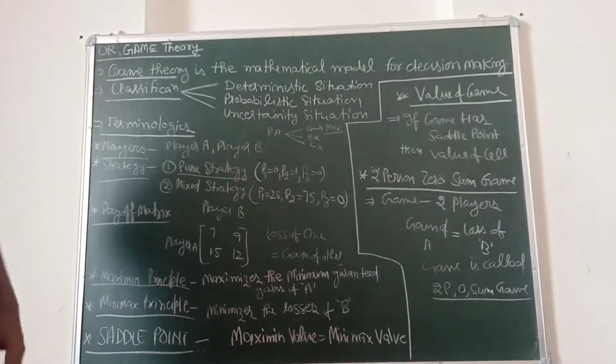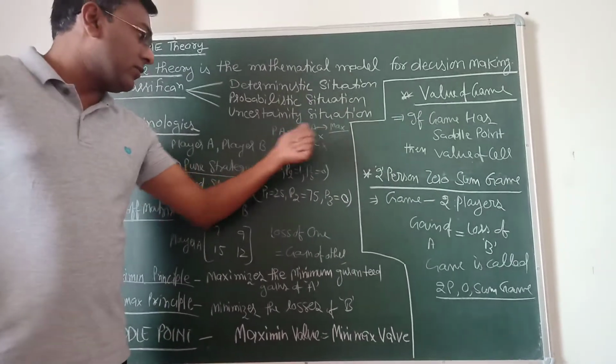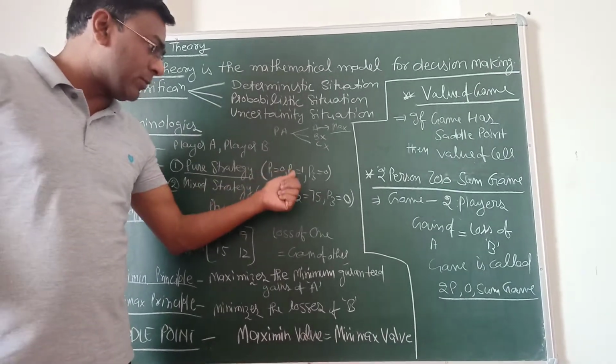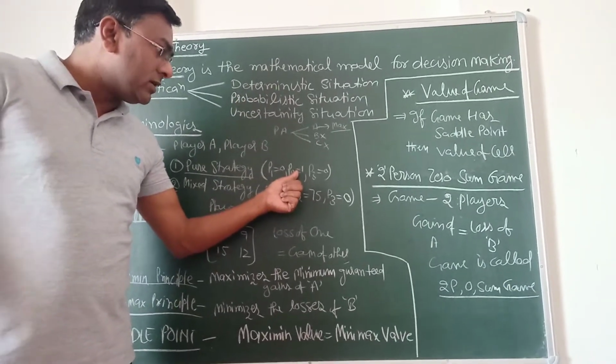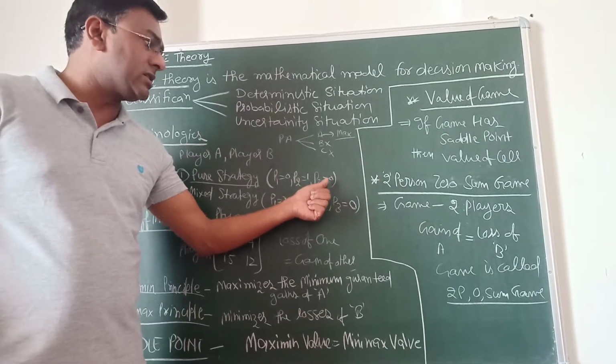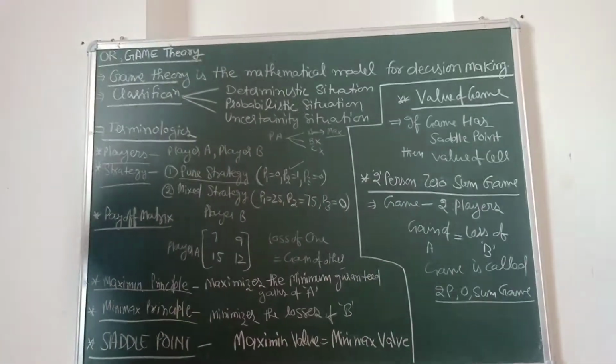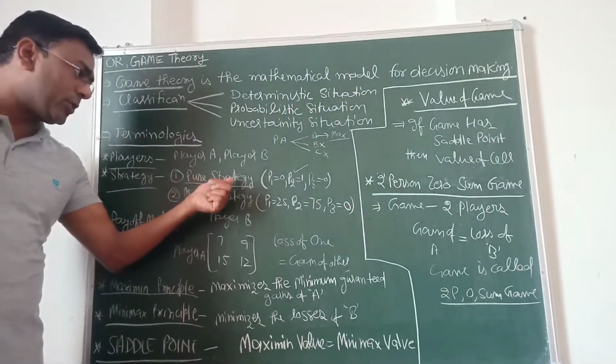So we can say that the probability of using strategy 1 is 0, the probability of using strategy 2 is maximum, and the probability of using strategy 3 is also 0. So only one strategy has been chosen, and that type of strategy is called a pure strategy.